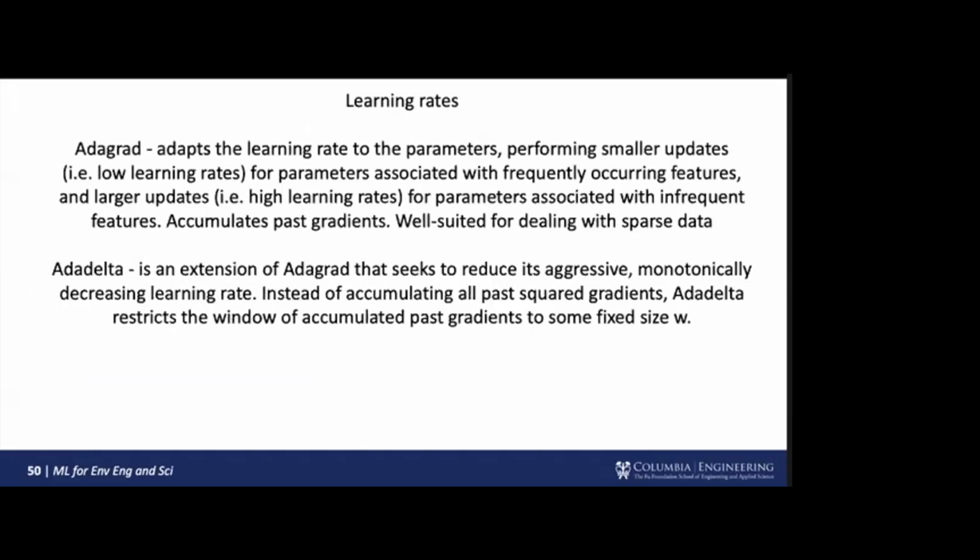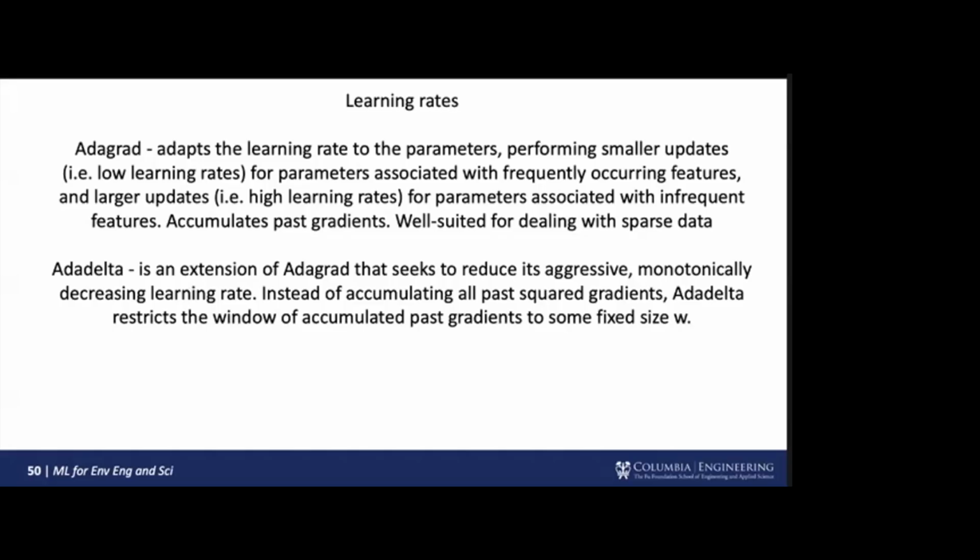Okay, now let's take a look at AdaGrad and AdaDelta. AdaGrad changes the learning rate for each parameter. Parameters that are updated often get smaller steps. Parameters that are updated rarely get larger steps. This makes AdaGrad useful for sparse data, where some features appear much more often than others.